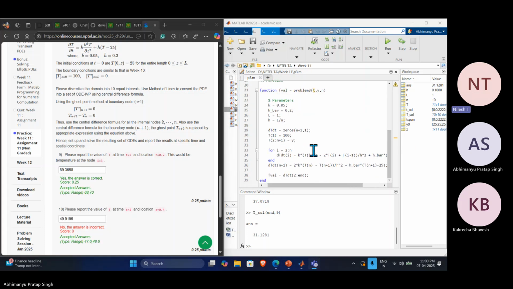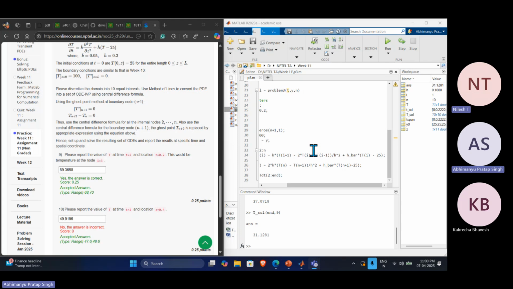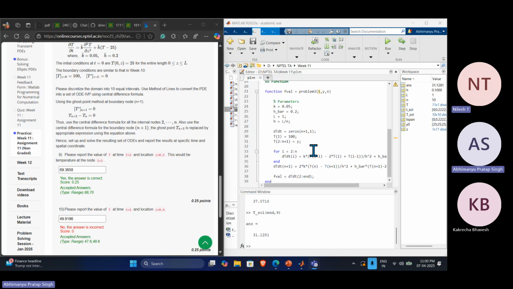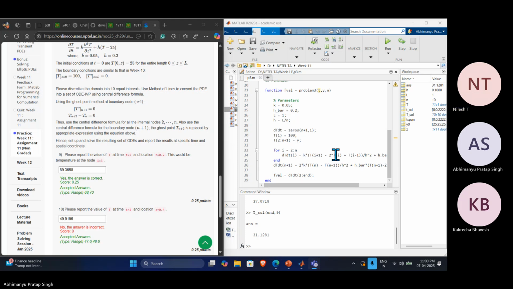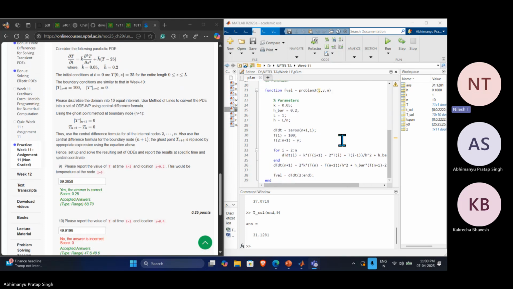Okay, so we can check the code. No, just one minute, I will check it. h square by 2 plus h power n plus 1 minus, same code I have written here.